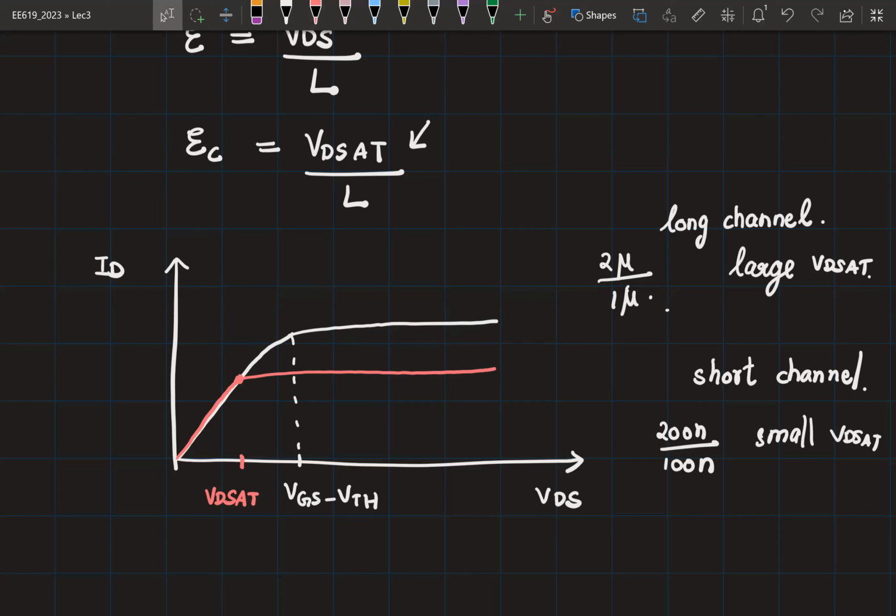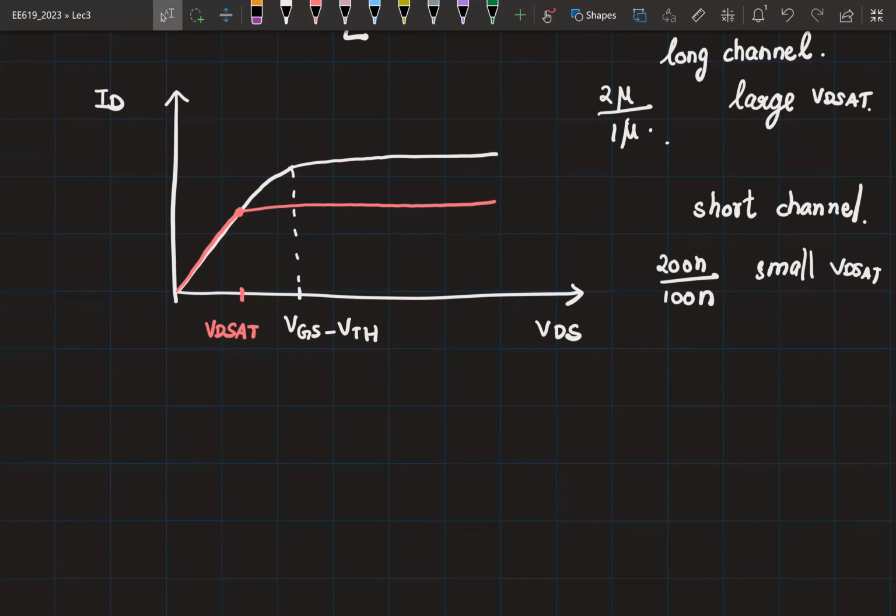Okay. So now I want to find the value of this current under saturation. Can you recommend a method? Plug in VDSAT into the current equation of which region? Linear region, right? Because if I plug in VDS equal to VDSAT for this point in the linear region, we want the plot to be smooth, right?